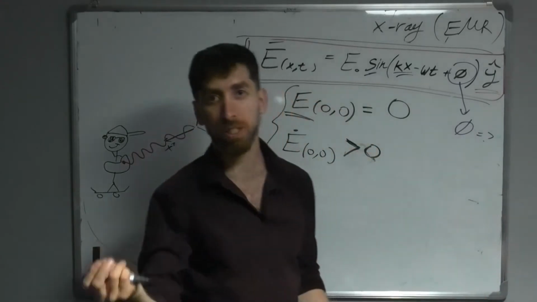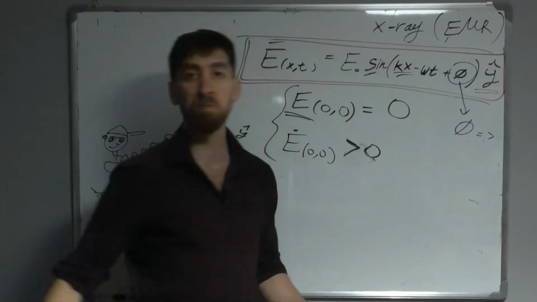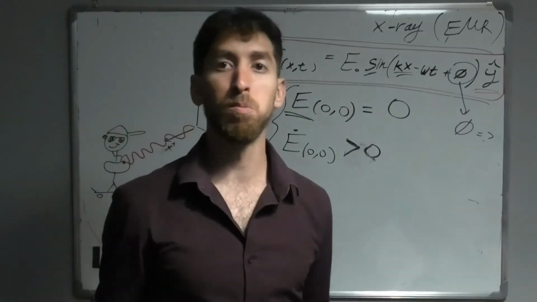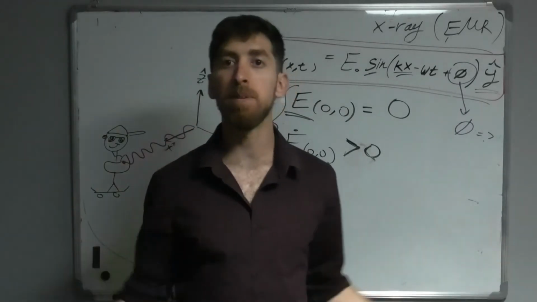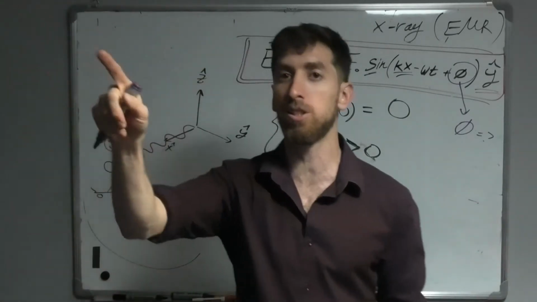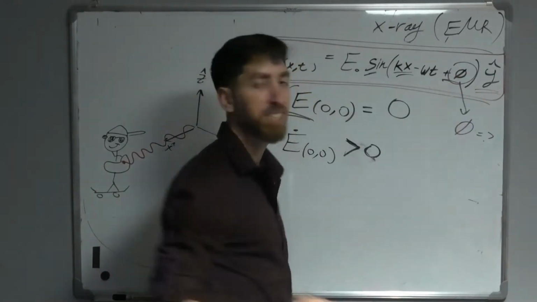This is the idea of cosine and sine, okay? And phi is for when I'm not cosine or sine, I'm something in the middle, I don't want to be this or this.